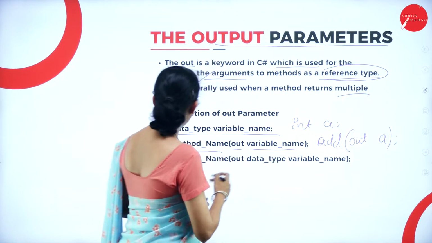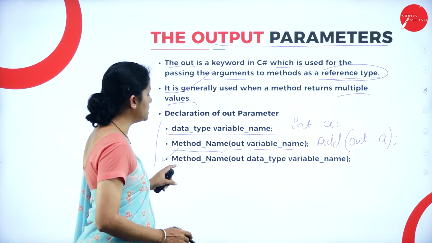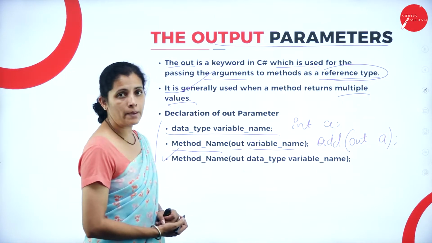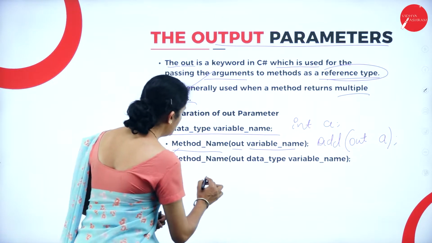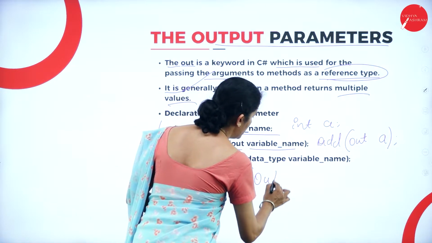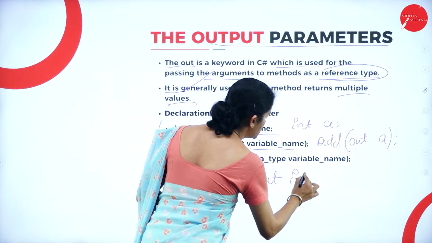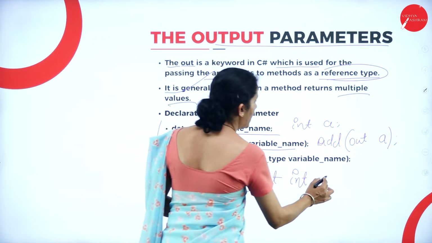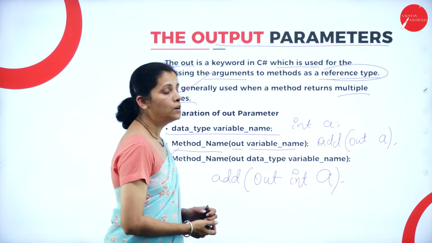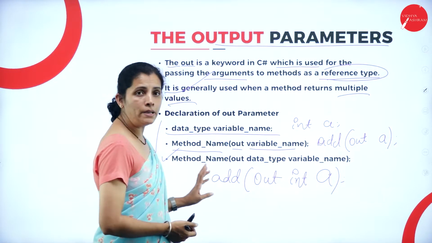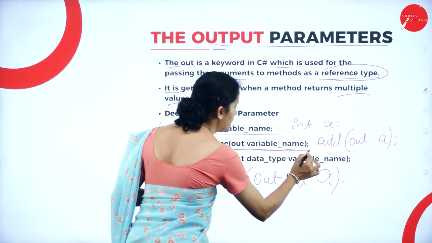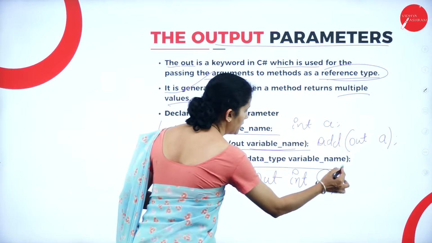Now what is my next statement? That is method name, out, data type, variable name. Example, I'll write add out. I want to specify the data type, say it is integer, and a. Okay, fine. Now tell me, dear student, what is the difference between this declaration and this declaration?